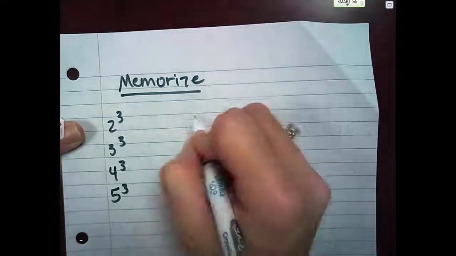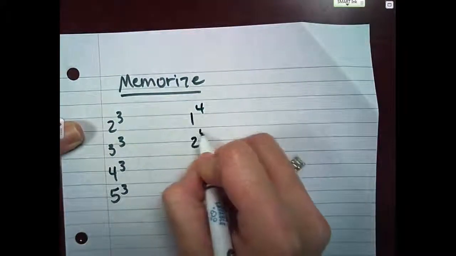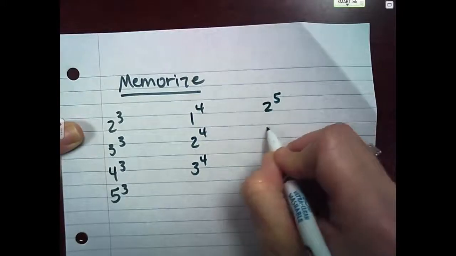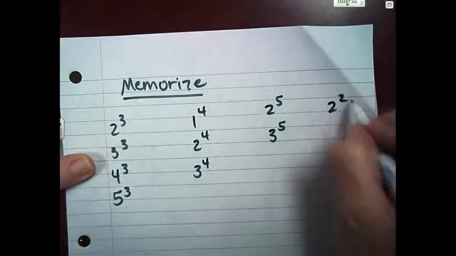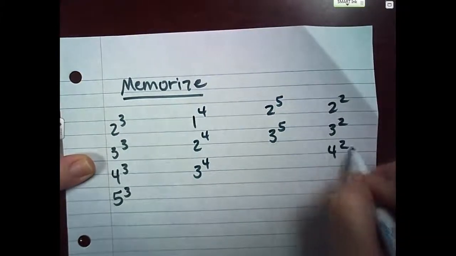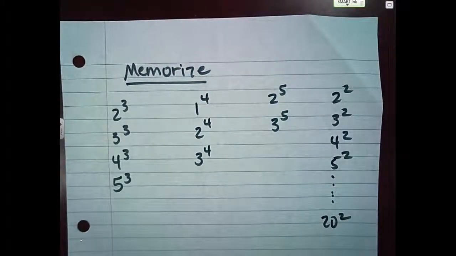So in other words, your cubes through 5, your 4ths through 3, your 5ths through 3, and then your squares all the way through 20. Those you need to know.